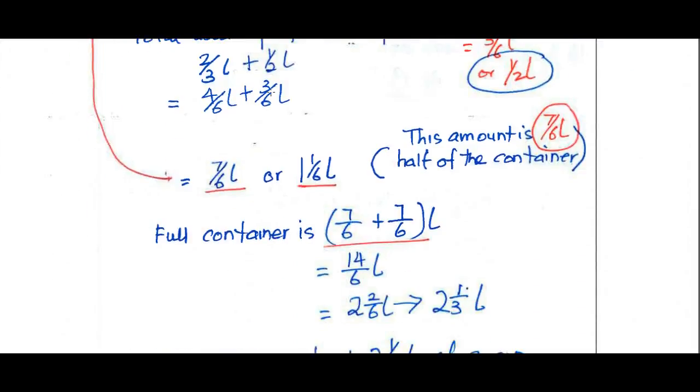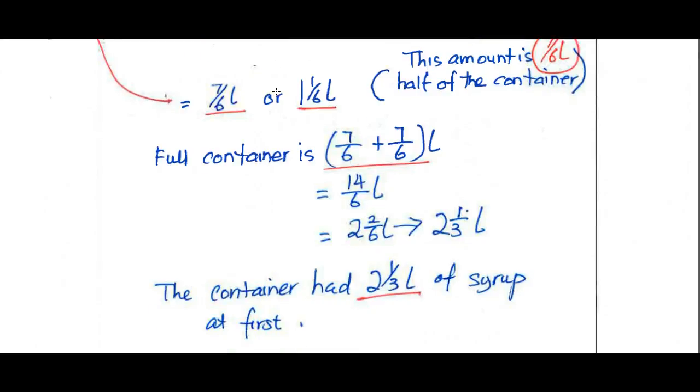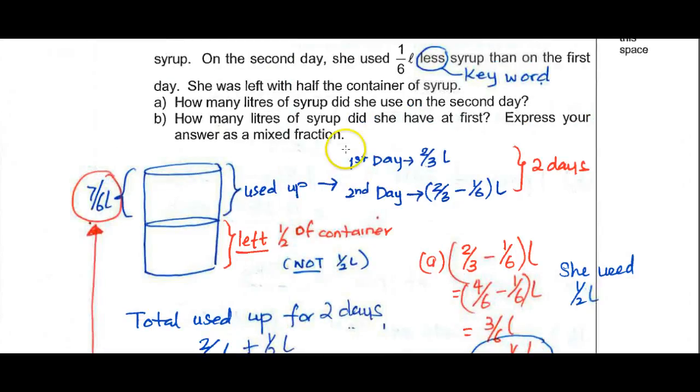The question they ask now is, what is the capacity of the full container? How many liters of syrup did she have at first? It means the whole container, how much is it?